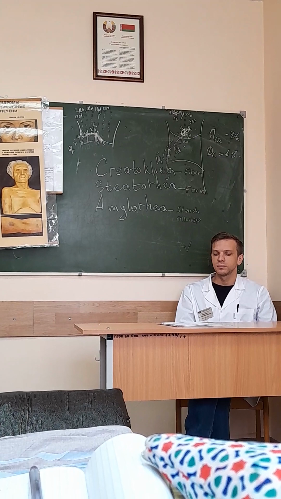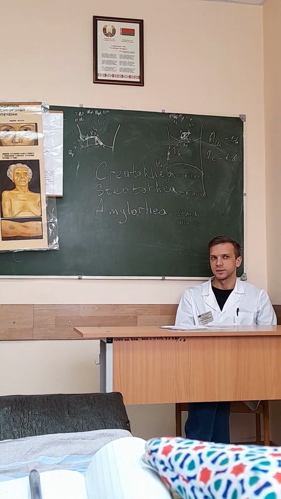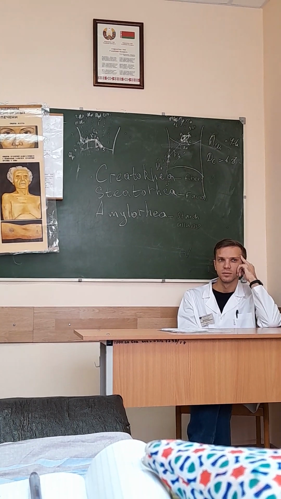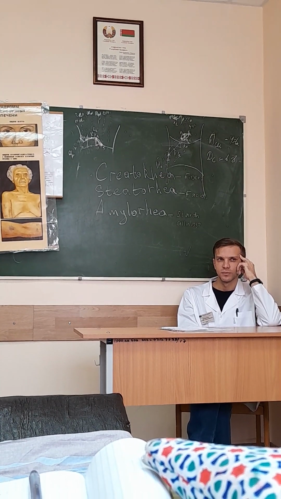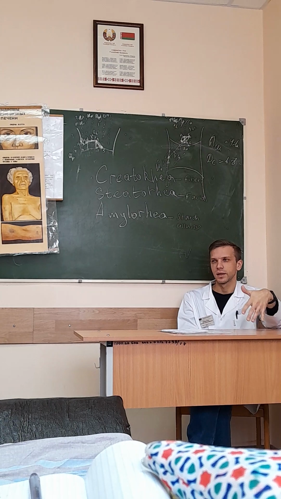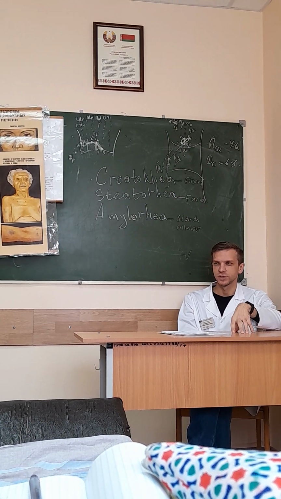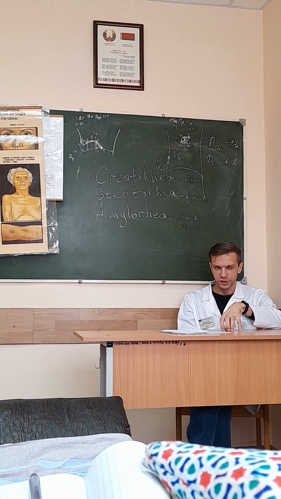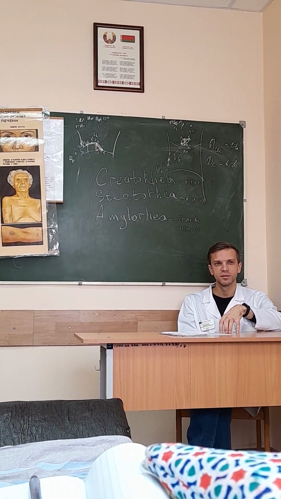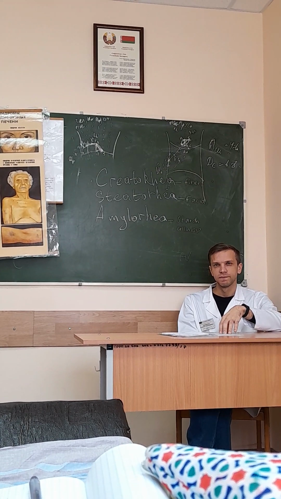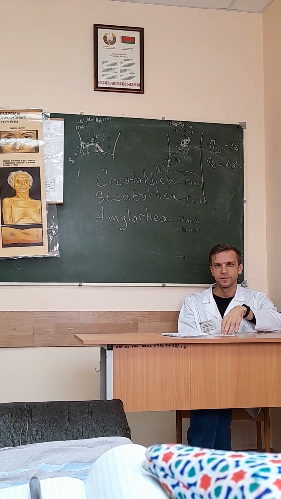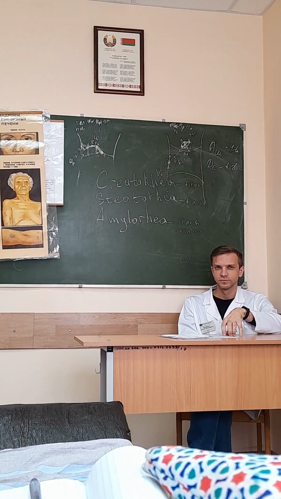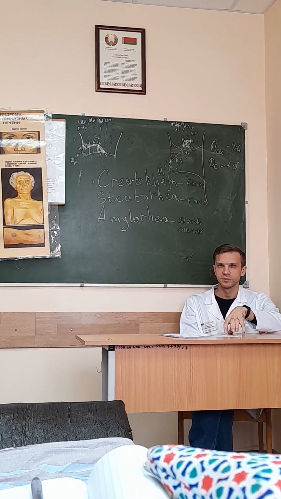Why does it increase? Does it decrease? Why can we detect a decreased level of cholesterol? Malnutrition, maybe starvation. If we speak about pathology, what are the sources of cholesterol in our body?